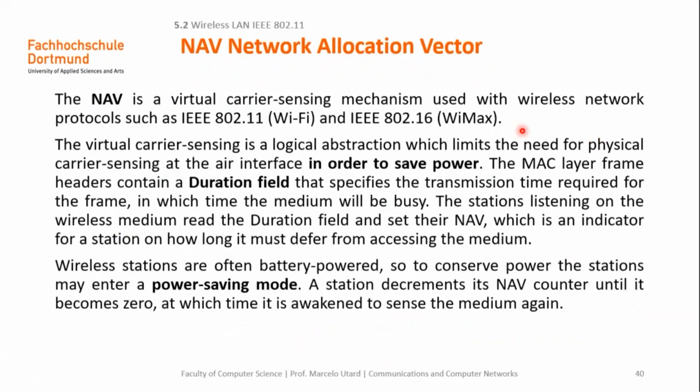It is used in order to save power, because typical wireless stations are often battery powered. So to conserve power, the station may enter a power saving mode. The station decrements its NAV counter until it becomes 0, at which time it is awakened to sense the medium again.